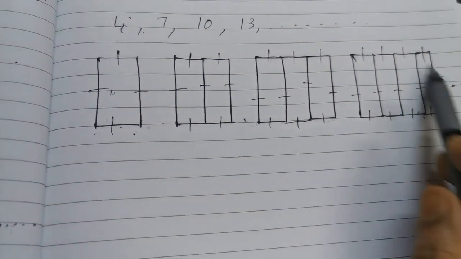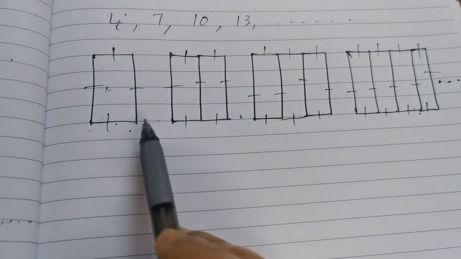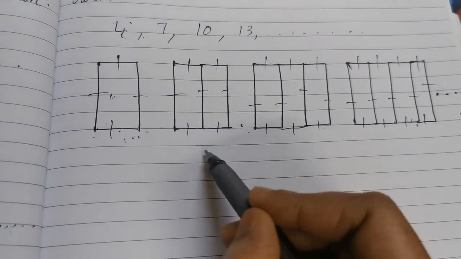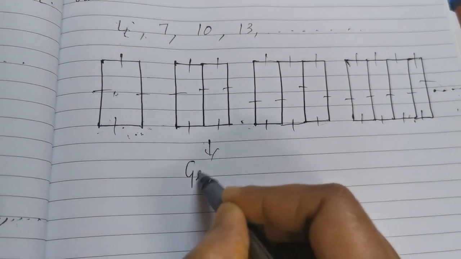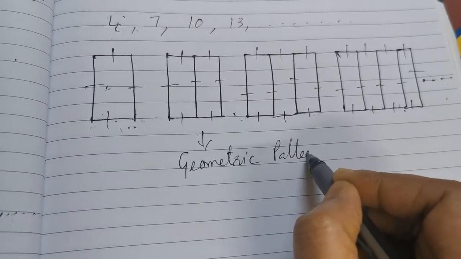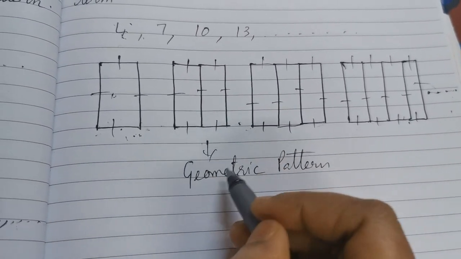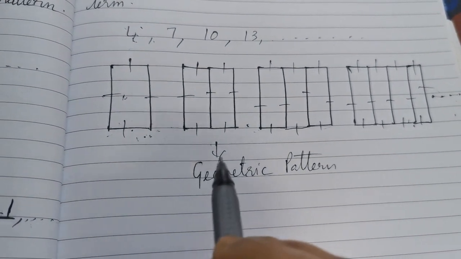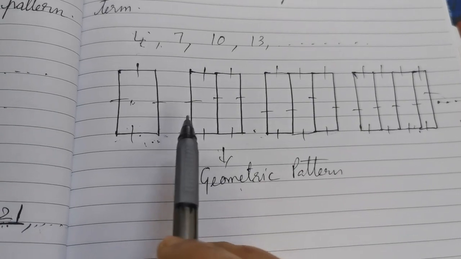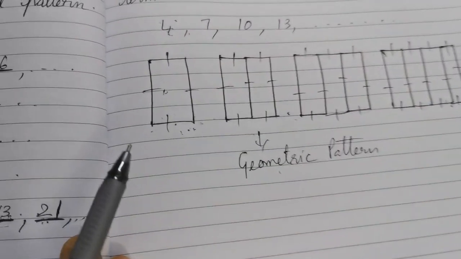This kind of representation of a linear pattern using figures is called a geometric pattern. This geometric pattern will also be of the form of linear patterns. In this syllabus, we have only linear patterns to be considered.